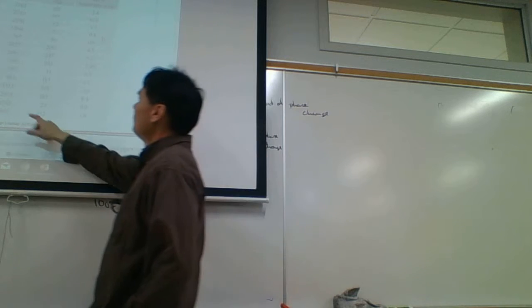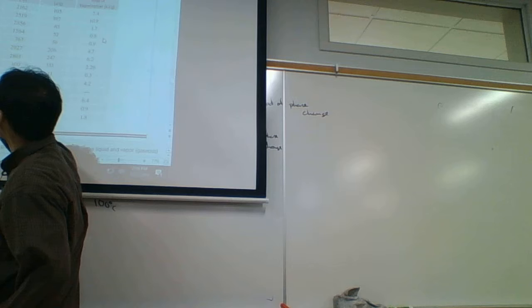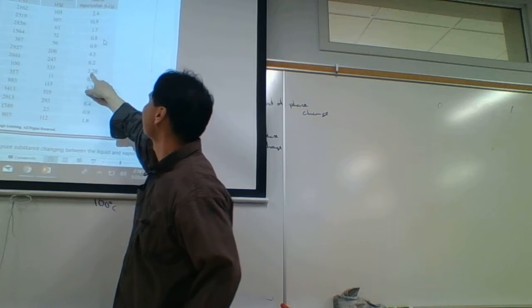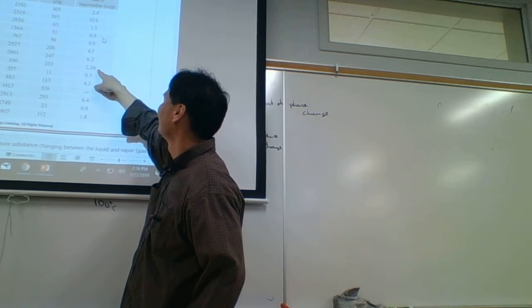But what I'm going to do is just use our tables. So when I look at the heat of vaporization, I go here. Here's water. Water boils at 100 degrees C, and its heat of vaporization is 2.26 kilojoules per gram.